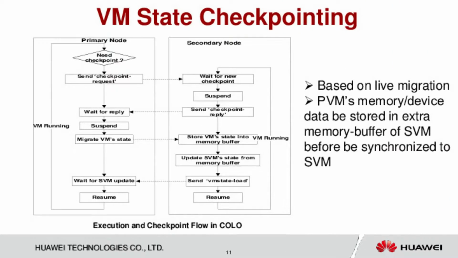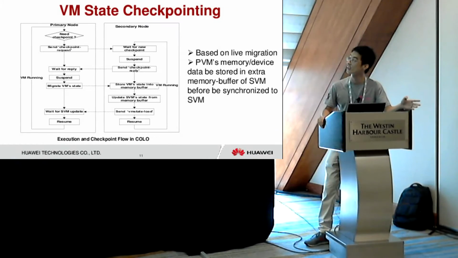Okay, let's see how the VM state checkpointing works. For this part, actually, it is based on the live migration in QEMU. It's not complex. Let's take a look at the workflow. The primary node will check if it needs a checkpoint.